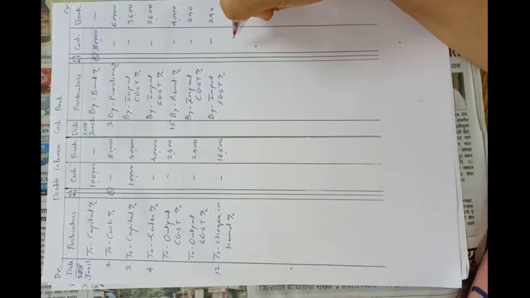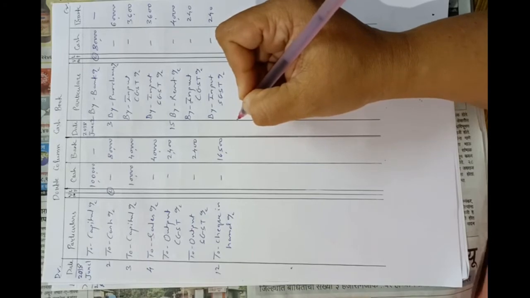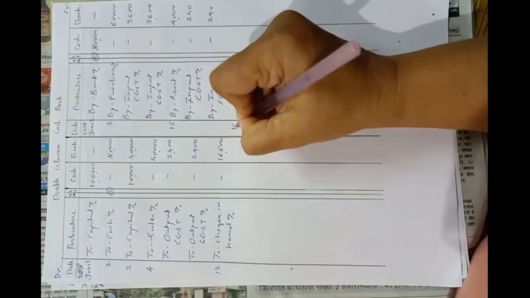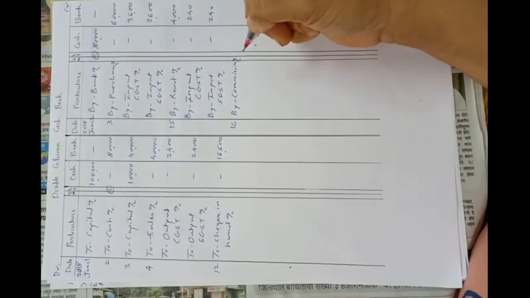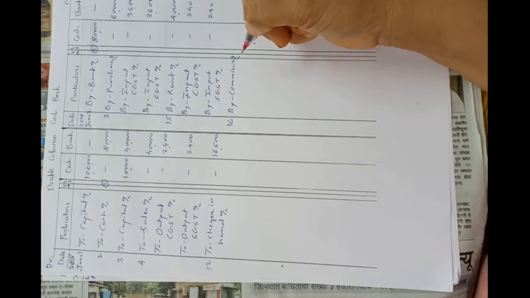Now next entry, paid commission by check including SGST and CGST 6% each, rupees 11,200. So again, by commission account on 16th June, by commission account, commission amount is rupees, see here, commission account is not given, input CGST and SGST we have to calculate here.